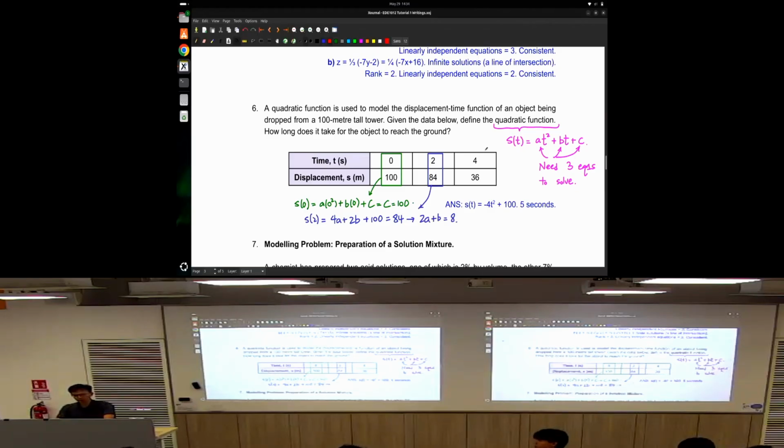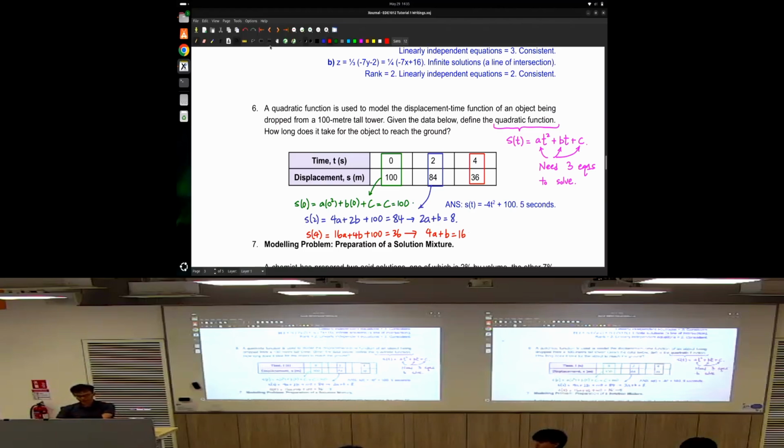Then your third equation, the last one, from the last column, gives you s at 4. So you get 16a plus 4b plus 100 equals 36. So 100 minus 36 is 64, and 64 divided by 4 is 16.